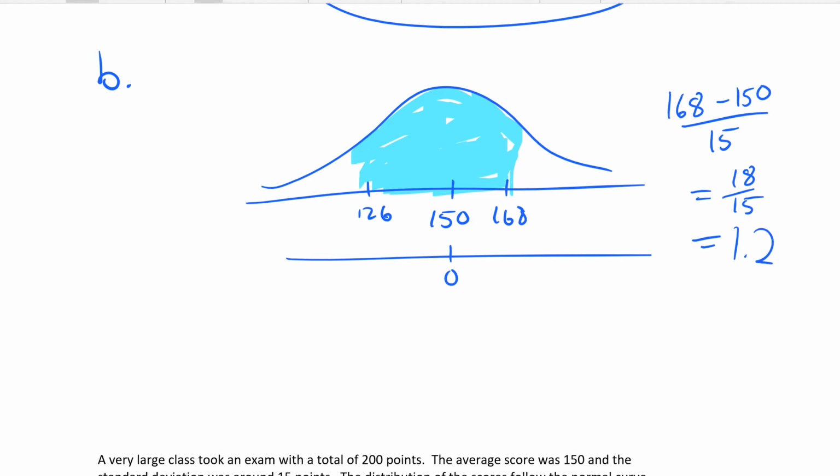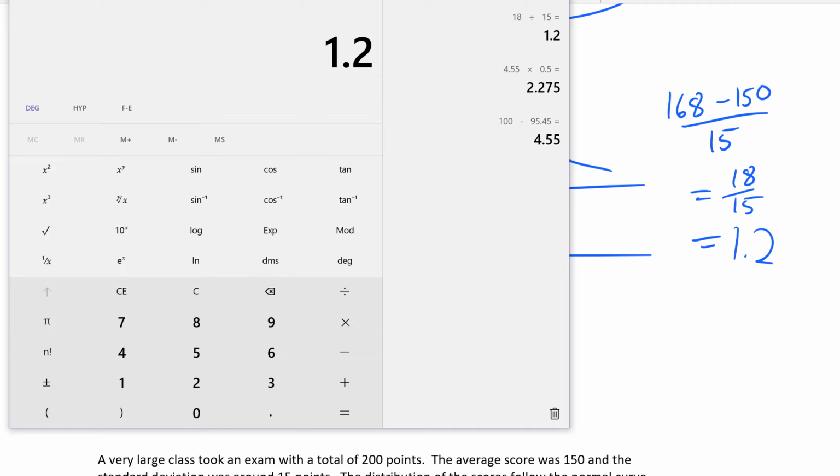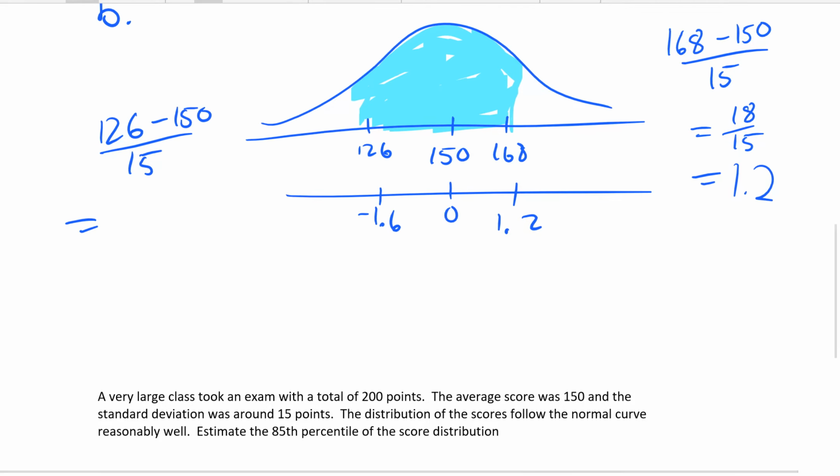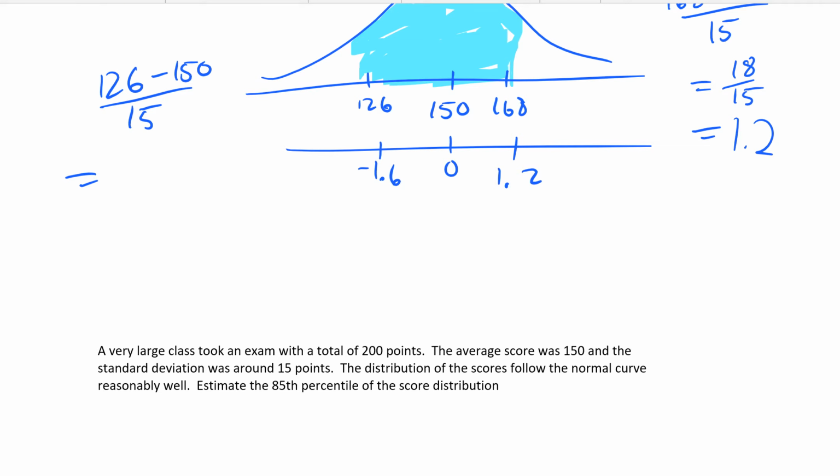So 168 in standard units is 1.2. 126 in standard units, let's do that over here. 126 minus 150 is negative 24, and then we divide by 15 to get negative 1.6. That is, we're looking for the area under the normal curve between negative 1.6 and 1.2.